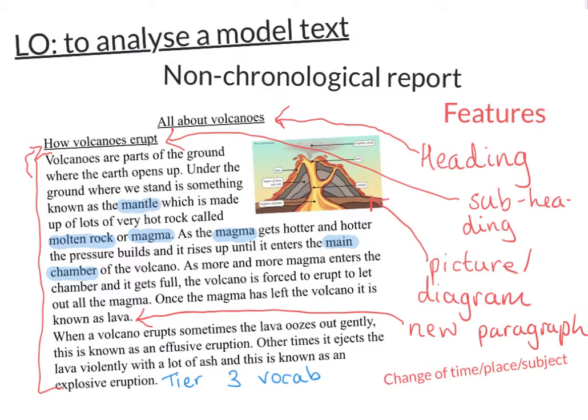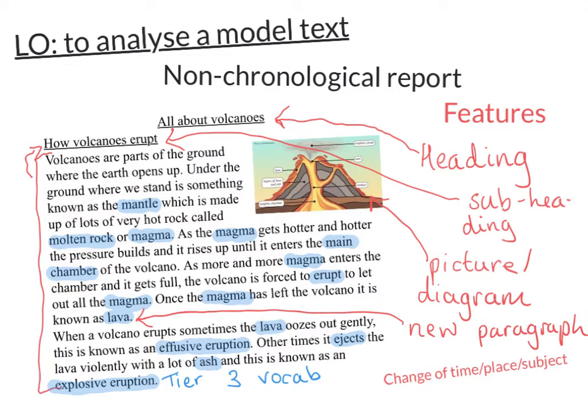The mantle, these are all really tricky words. There's magma again. Lava. And then the different types of eruption. Effusive, explosive. Those are all tricky words. Oh, there we go. Lava. And eject as well. Then erupt as well. And we've got ash down here. Another magma. I think that's it.